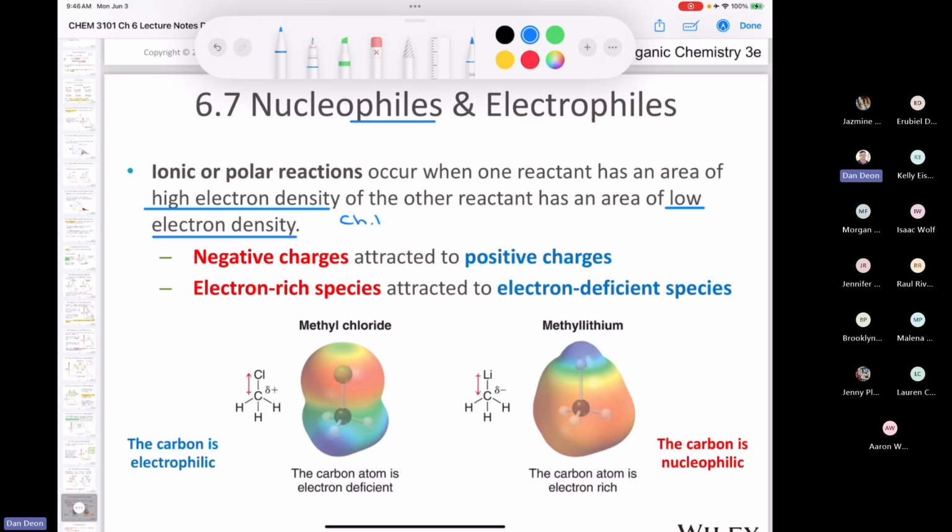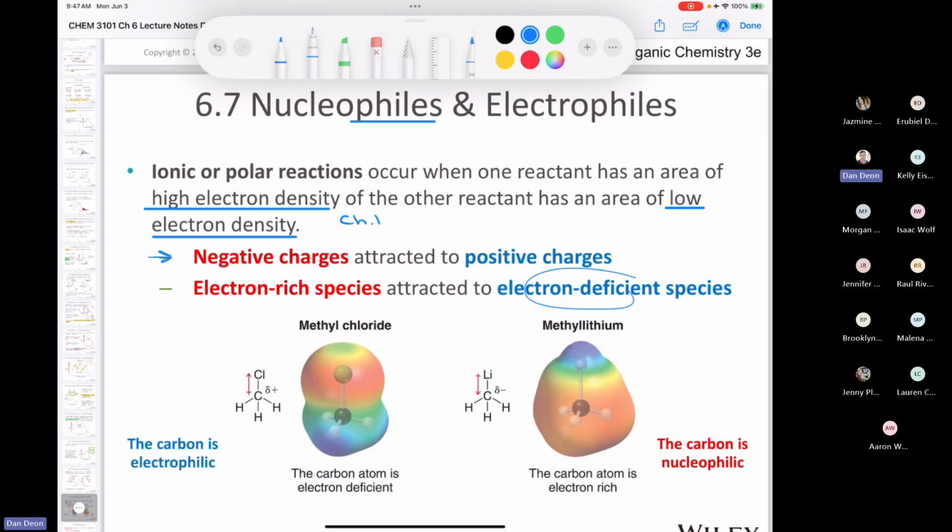If we have negative charges, based off of electrostatic attraction they are going to be attracted to positive charges. And so what does that mean? It means if you have something that's electron rich, which is oftentimes negative, it's going to be attracted to something that is electron deficient, which is oftentimes, not always, but oftentimes positive.